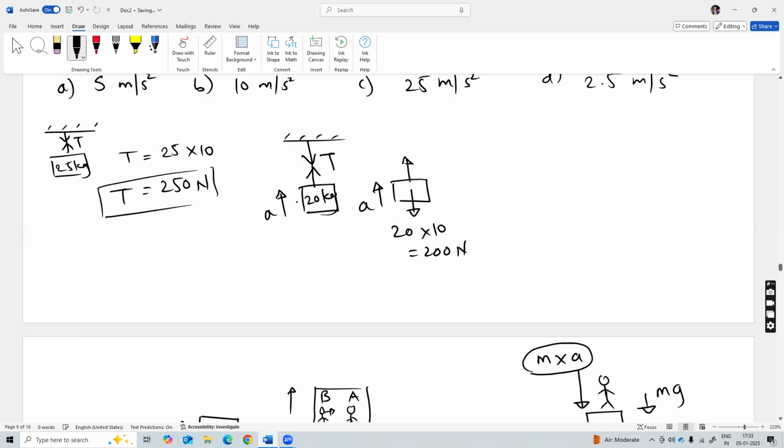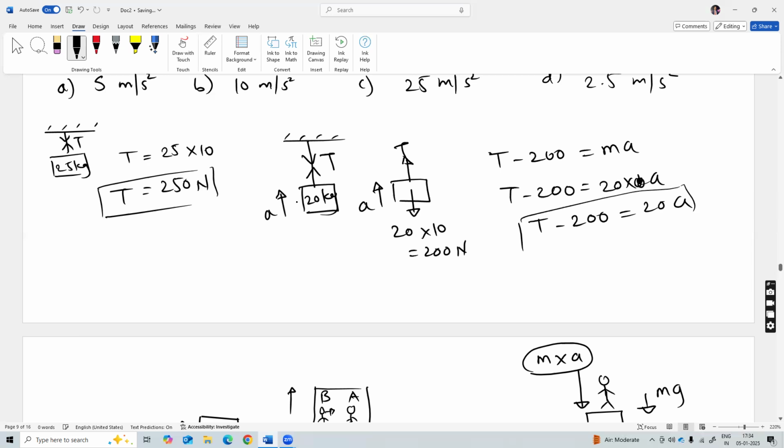T is positive and 200 Newton is negative, because T is in the direction of acceleration. So T minus 200 is equal to ma, that is 20 kg into A, so T minus 200 is equal to 20A. When he is climbing up, this equation holds.